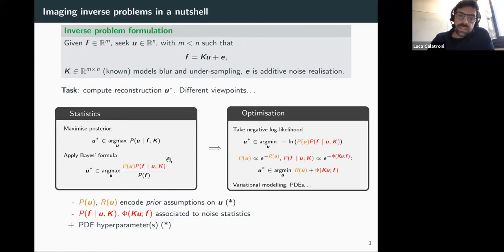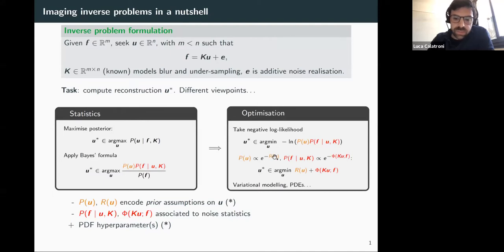So from this context, we can alternatively consider a more optimization-related point of view to solve this problem by taking first the negative logarithm of this product, neglecting the constant depending on f, which does not involve the minimization variable, and then assuming some form both on the prior and on the likelihood function, in particular some negative exponential form, depending on two functionals which are called R and phi.